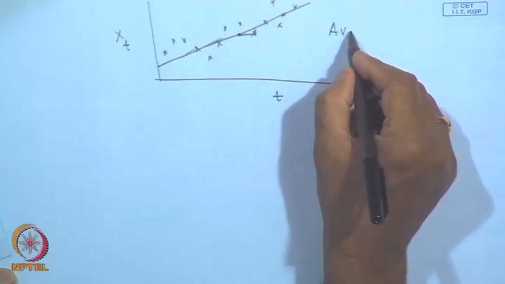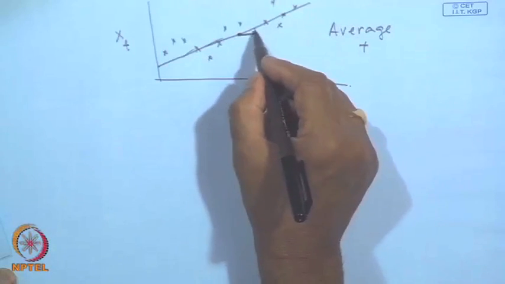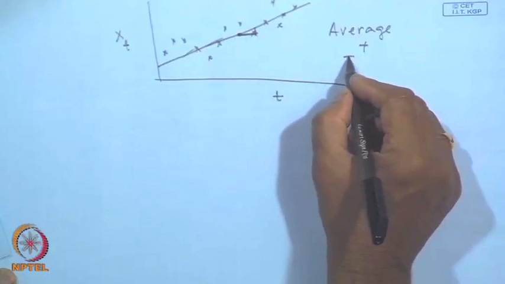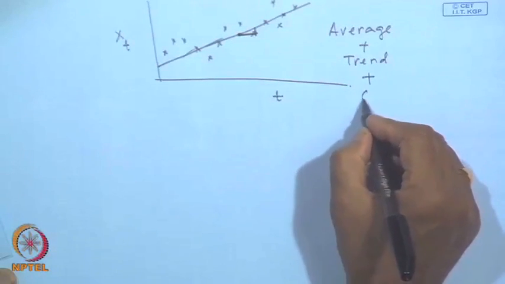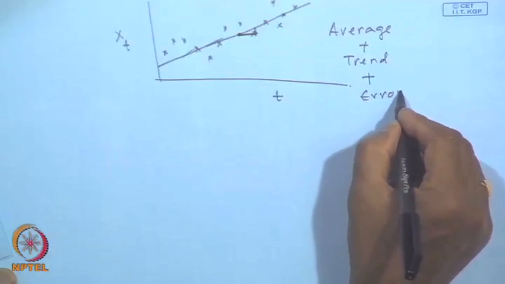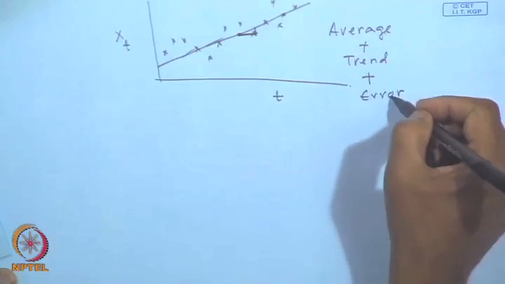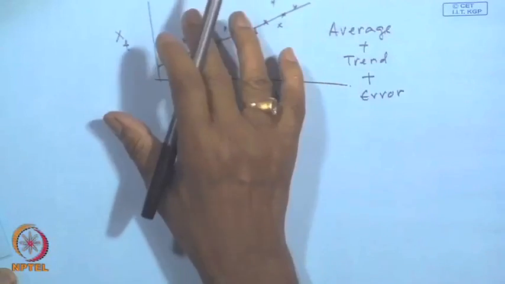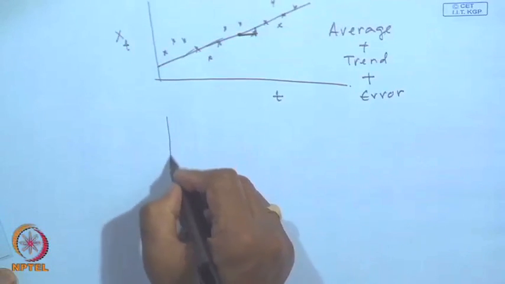So, this is average plus a trend, a linear trend in this case, plus error, a random fluctuation around it. So, there are three components of a time series present in x t.